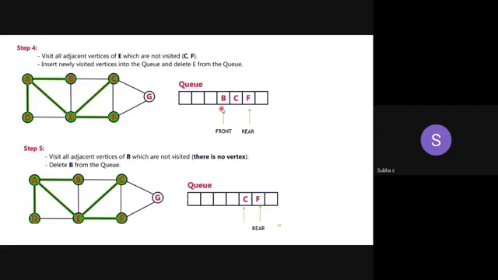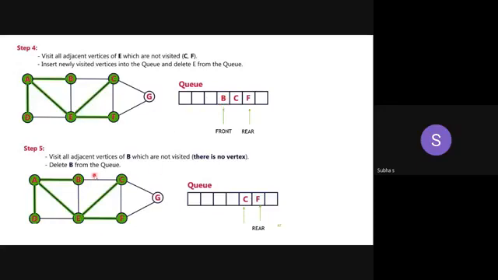Now front is pointing to whom? Vertex B. C and F are at the last, the rear position. Now what do you have to do? Find the adjacent vertices of which vertex? Vertex B. Whichever the front is pointing to, find its adjacent vertices, NQ them after the rear position, and then remove that position. These are the important steps in BFS.